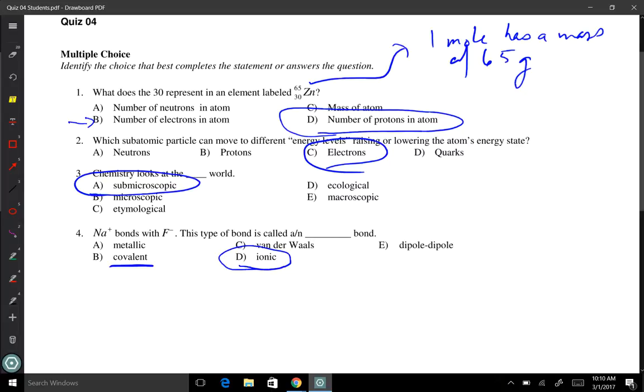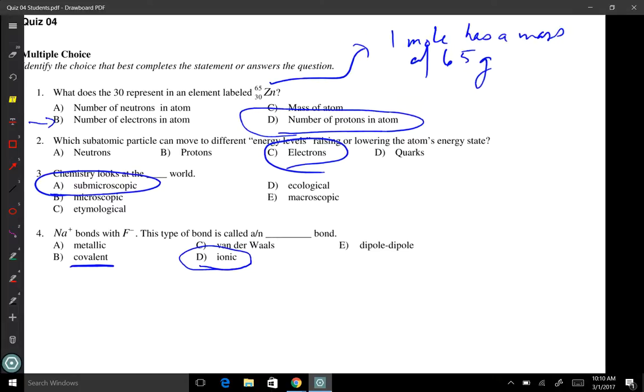Ionic bonds are the bonds that occur when one of them gives up an electron. Which one gave up an electron between these two? The sodium. It gave up an electron, so its charge went positive. Another one gains an electron, so they have opposite charges, and the attraction between opposite charges is what holds them together.